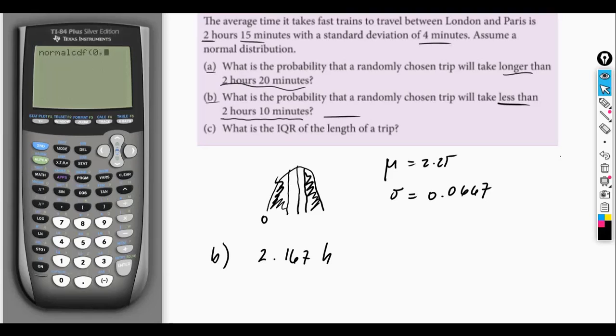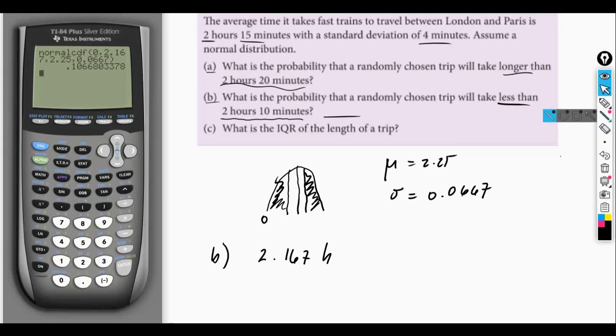The upper bound is going to be 2.167. Then we need the mean, which we said is 2.25. And the standard deviation, 0.0667. So we hit enter, and there we are.